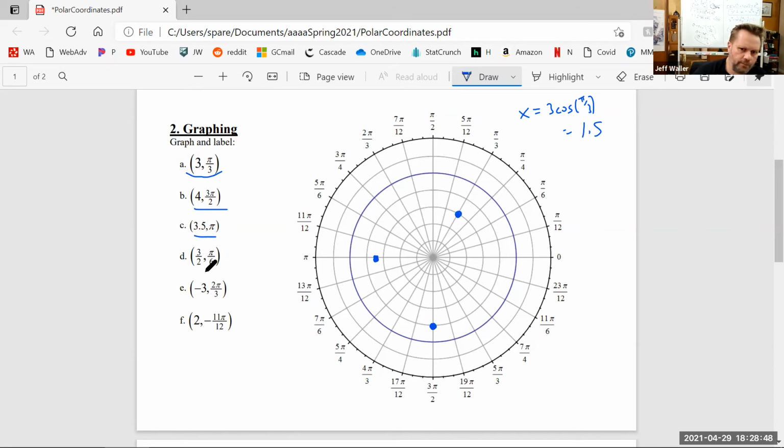So go ahead and try to plot this one. Go ahead and finish it up. Plot the rest of them. So r can be negative. Theta can be negative. So be careful. A, B, C. Okay.